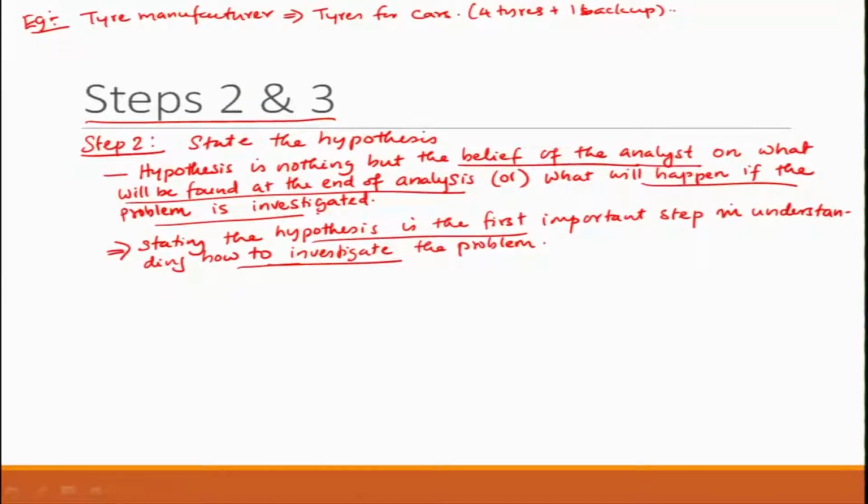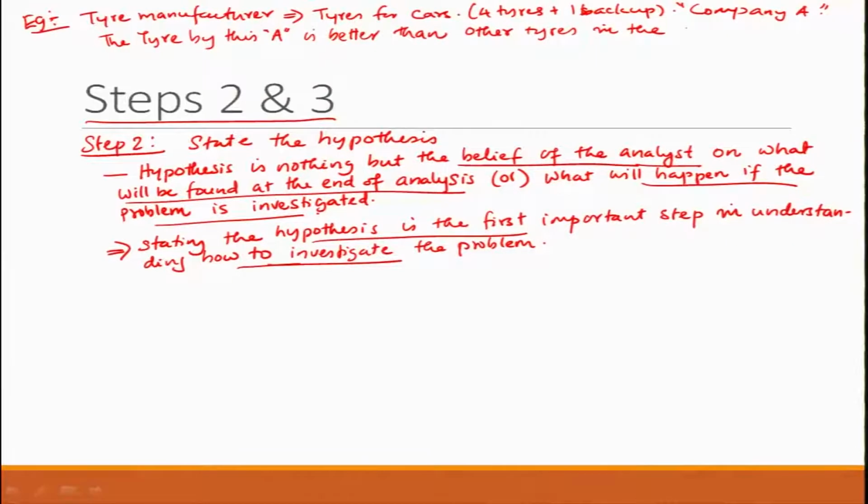This company manufactures these tires, and let us call it company A. The claim made by company A is that its tire is better than other tires in the market. That is something that needs to be investigated.